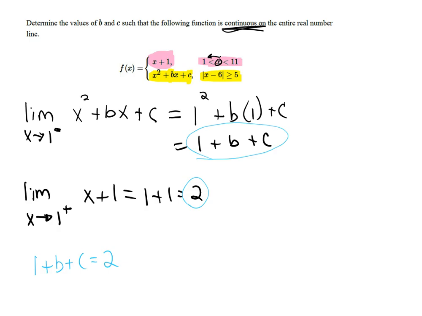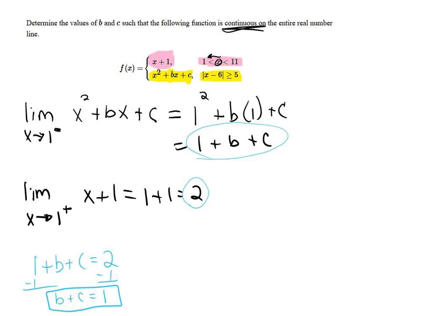And then if I subtract 1 on both sides, I get b plus c equals 1. And I'm just going to put a box around that for right now. Okay, now I do need to do the other end, sorry. So I do have to do the 11.